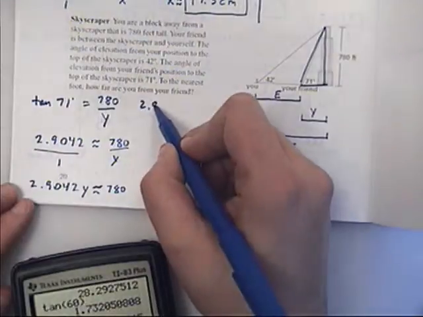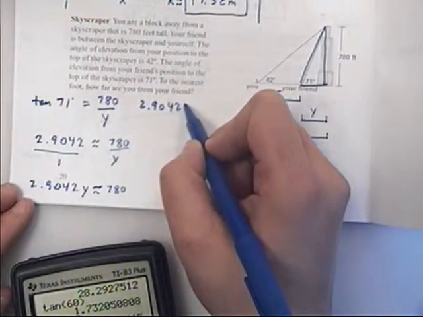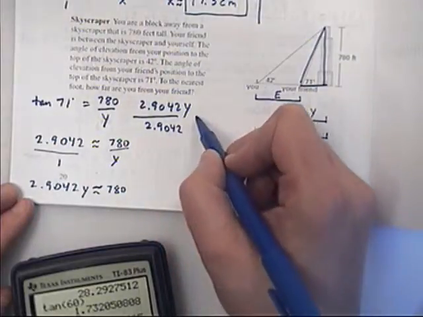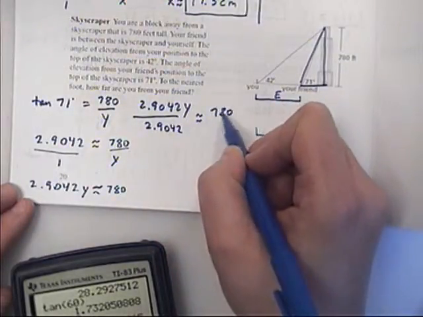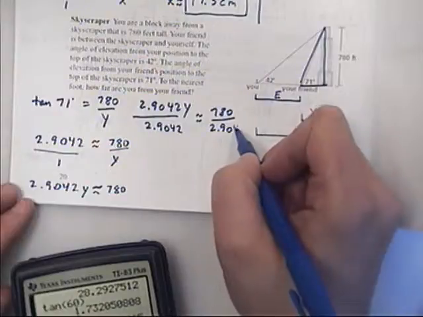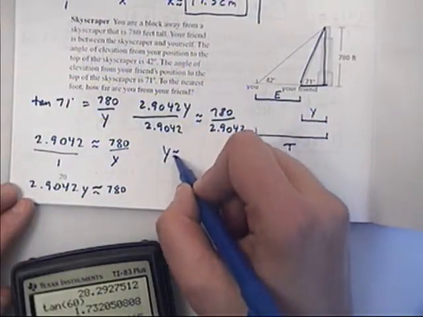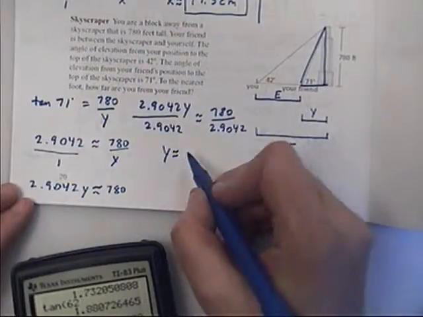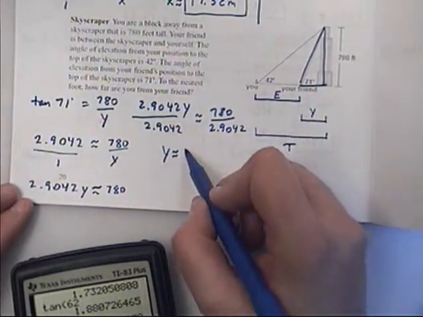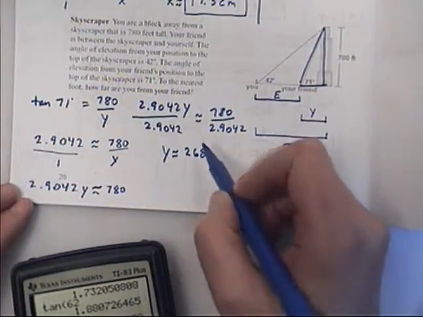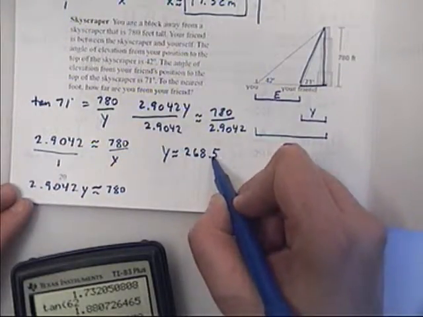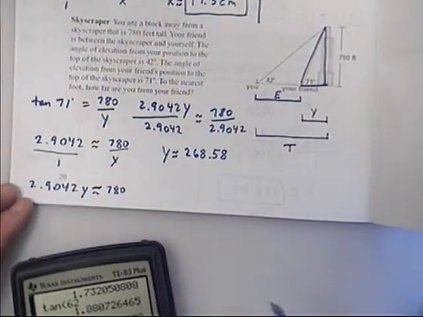And then I'm going to divide both sides by that decimal. Then I get that you are approximately 268.58 feet away from the tower.